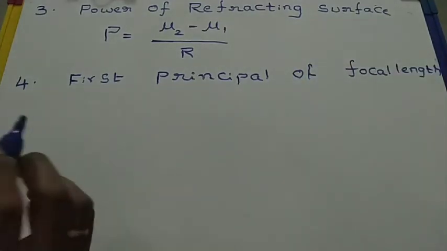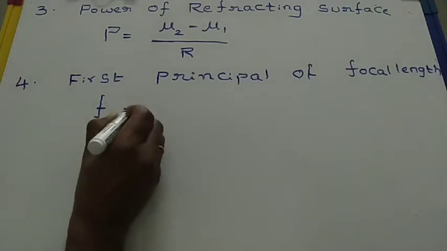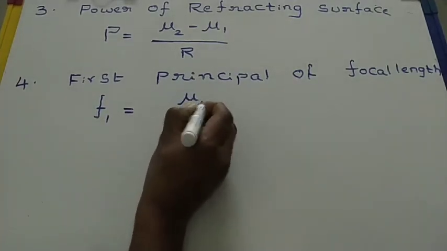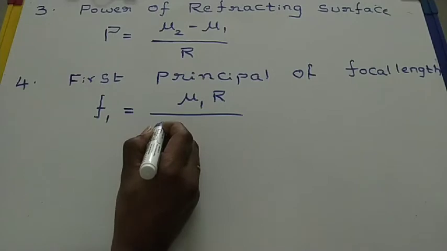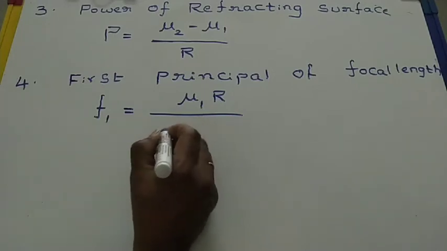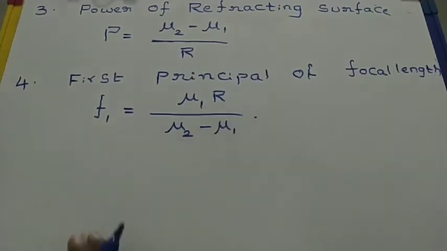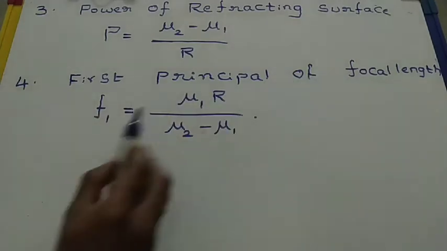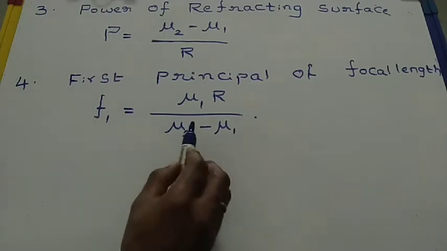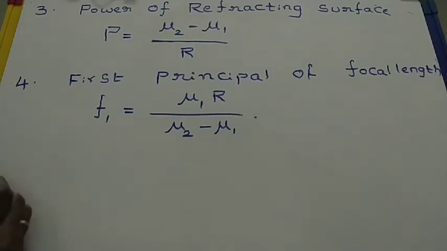Focal length formula is given by F1 is equal to mu1 into R whole by mu2 minus mu1. Once again, the first principal focal length is F1 is equal to mu1 R whole by mu2 minus mu1 formula.